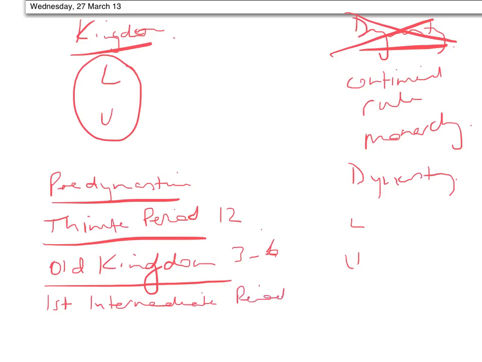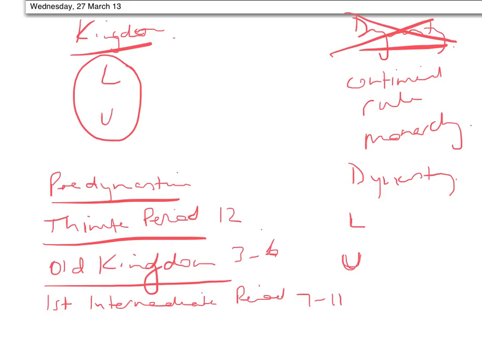So in that first intermediate period we have Dynasty 7 to 11. What that means is, if we think about our model here with Lower and Upper Egypt, it doesn't mean it's all happening in the Lower or all happening in the Upper. It means that it's happening concurrently.